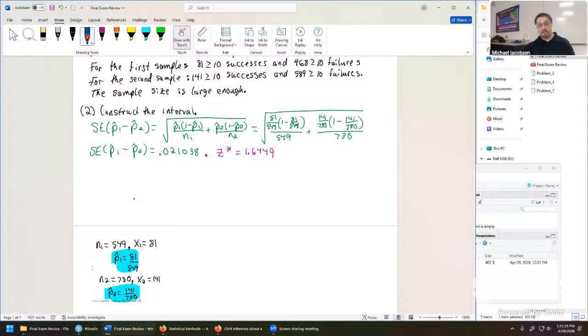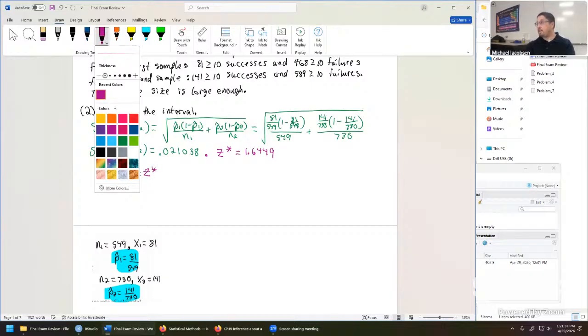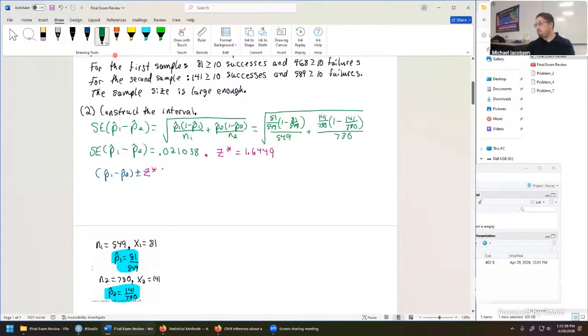To estimate the difference in population proportions, P1 minus P2, we put in the point estimate, P hat 1 minus P hat 2. Add or subtract some critical number Z star and multiply that against the standard error of P hat 1 minus P hat 2. So nearly there.